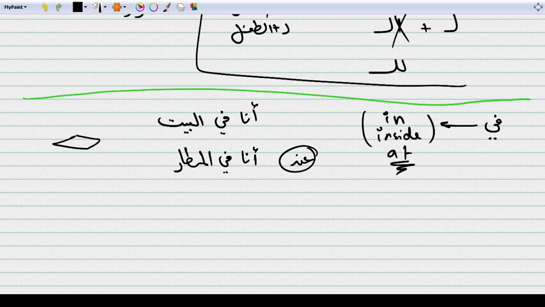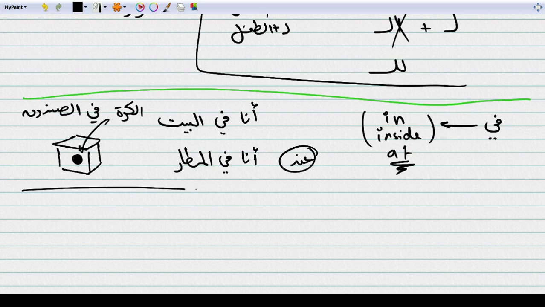This is also true if you want to say that something is inside a box, for example. So الكرة في الصندوق. Cool. So I think في is very clear, it is just in Arabic whenever you think of something inside something else.